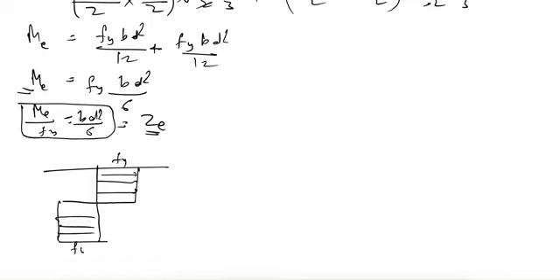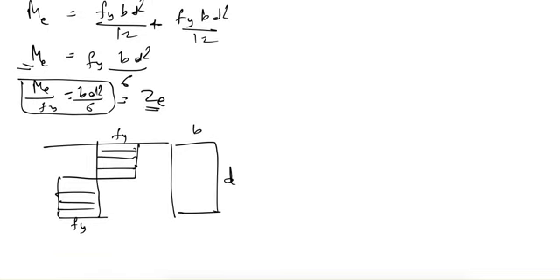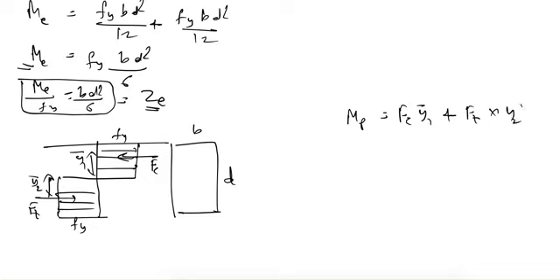Similarly on this side also it is Fy, and this is our section of the beam, where the width is B and depth is D. So from here if we want to write down the plastic moment, if this is Fc and this is Ft, then this distance from here is y2 and from here it is y1. Now it would be equal to Fc into y1 plus Ft into y2.